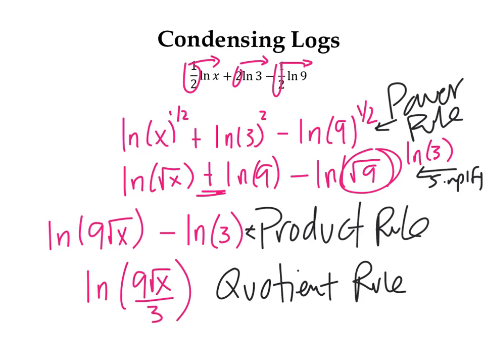Because these two are like terms, this 9 and the 3, I can actually simplify and divide them. I can cancel this out with a 1 and a 3. So if I simplify this a little bit, I'm left with the natural log of 3 radical x. And that's just through simplifying.